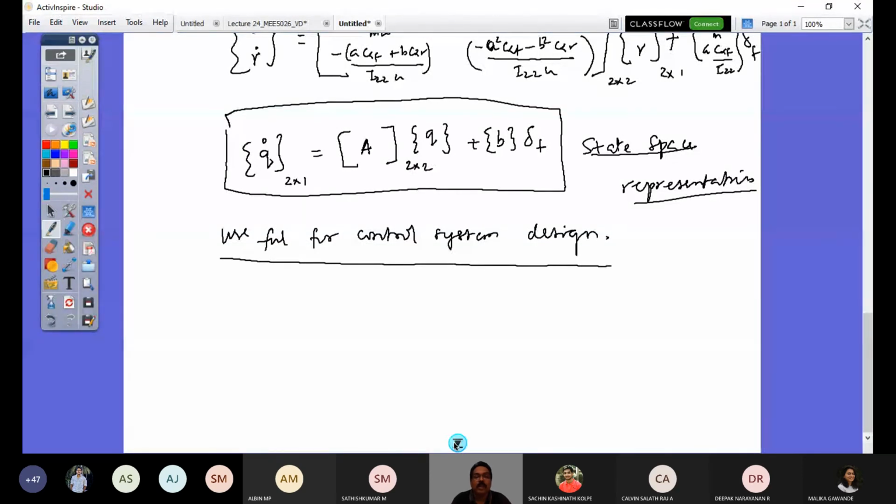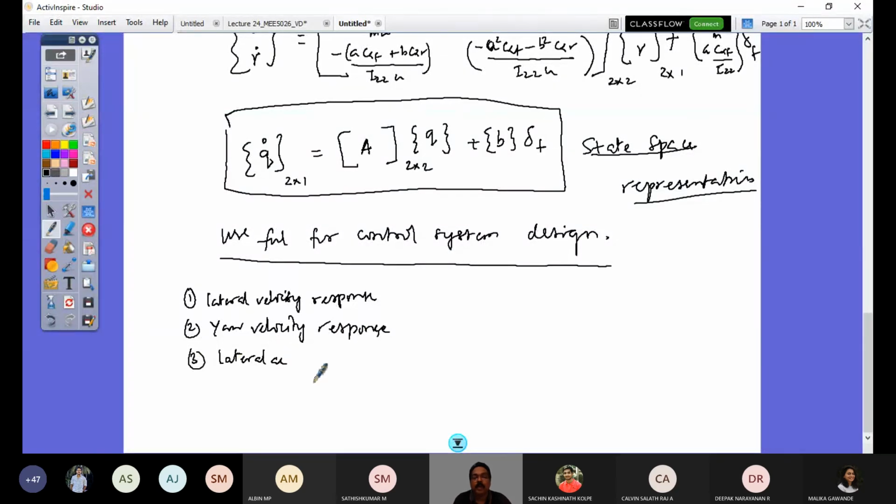One is the lateral velocity response, second the yaw velocity response, third the lateral acceleration response, fourth you also have curvature, so the curvature response, and fifth the side slip response.